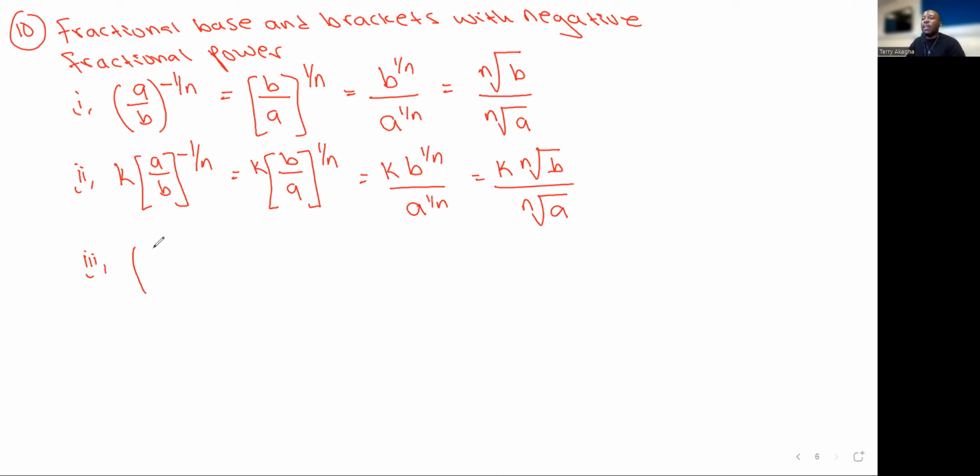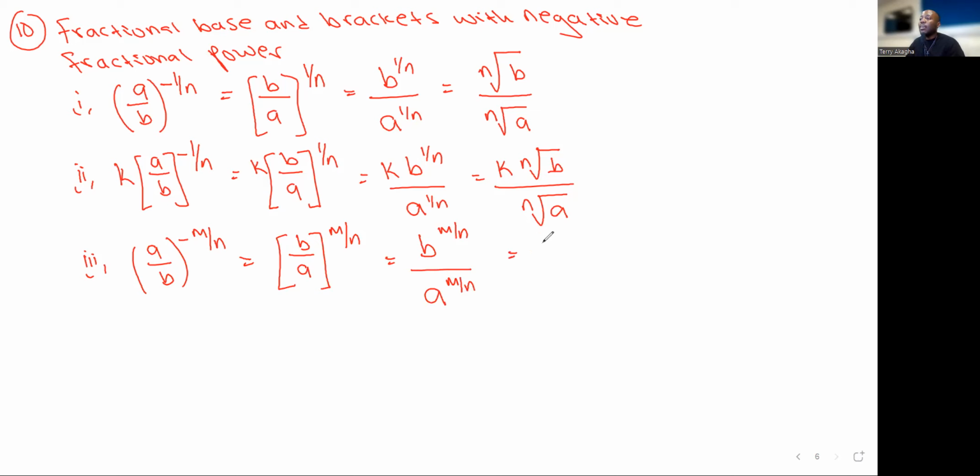So let's show another one. If, for instance, you have A over B, and we have minus M over N. The same thing: to remove this negative sign when you have a fractional base, you just have to flip it. It's going to be B over A raised to power M over N. You multiply it, so it's going to be B^(M/N) over A^(M/N).